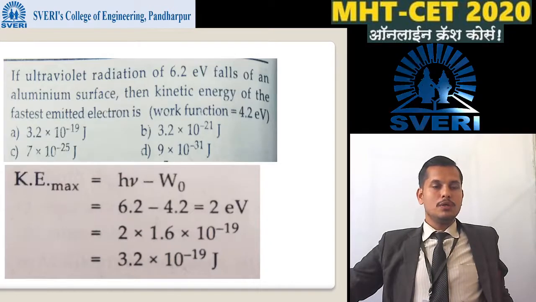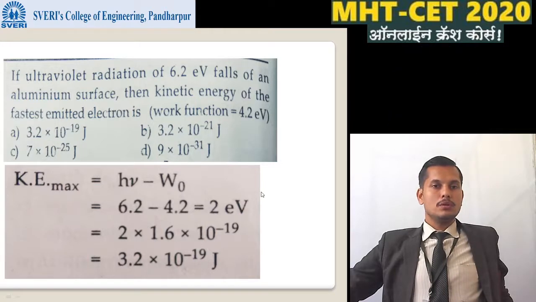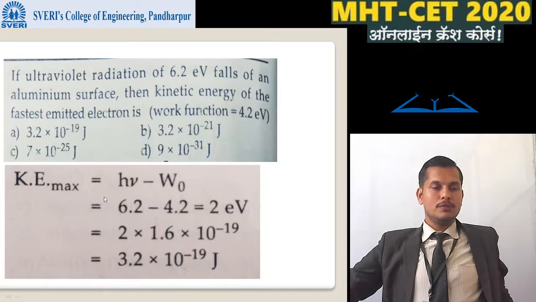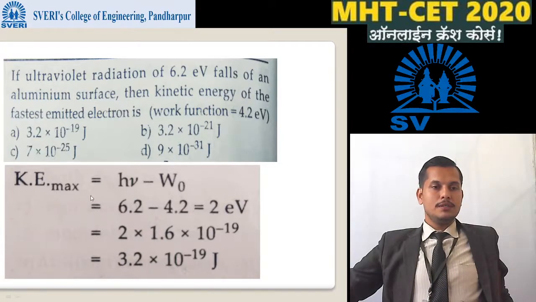So let us move to the next MCQ. If ultraviolet radiation of 6.2 electron volt falls on an aluminum surface, then the kinetic energy of the fastest emitted electron is? The work function is also given to us. So it is simply using the equation we have discussed already, that is kinetic energy max is nothing but h nu minus work function, that is W0.